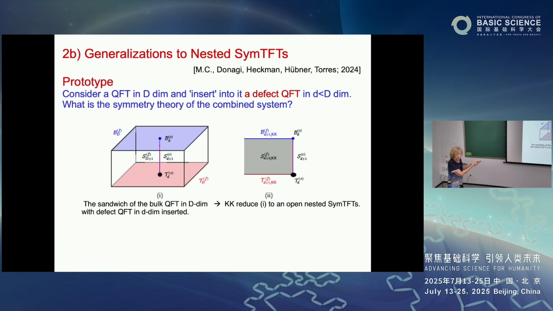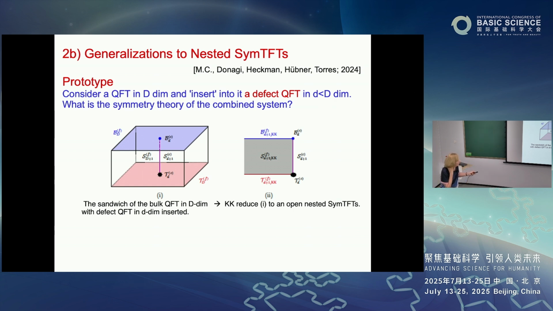Okay. Now the easiest way is to actually start with this big quantum field theory and KK reduce it only to have one dimension higher than the defect field theory. And so this produces for us basically this line of this KK reduced higher dimensional quantum field theory.